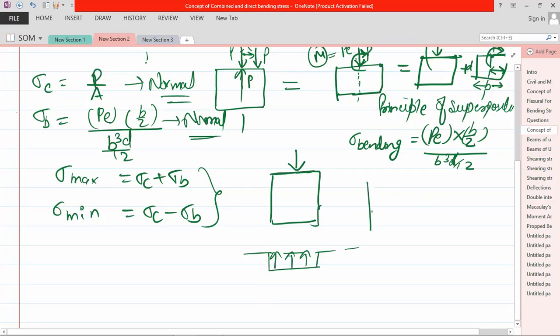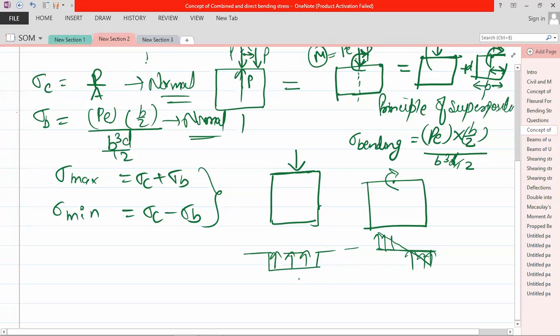Now if I draw a couple like this, then this portion is elongating and this bottom portion is compressing. So this is in compression but this is in tension, and if you sum up this, you can get that this is tension and this is compression.